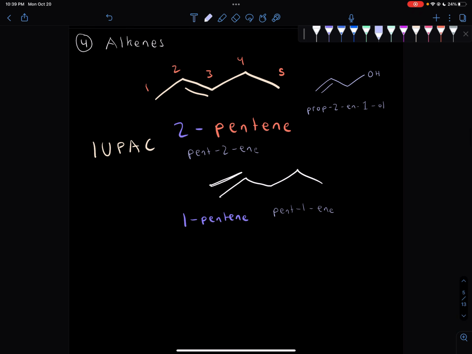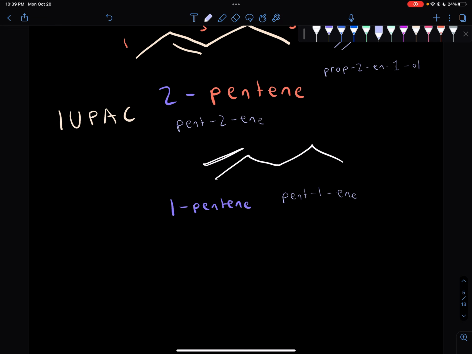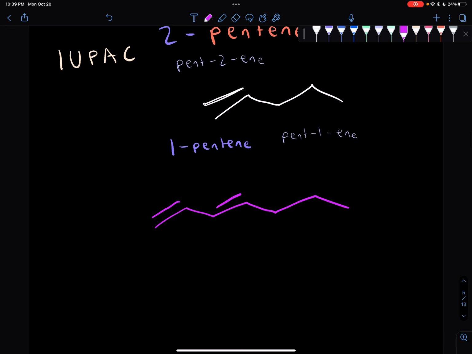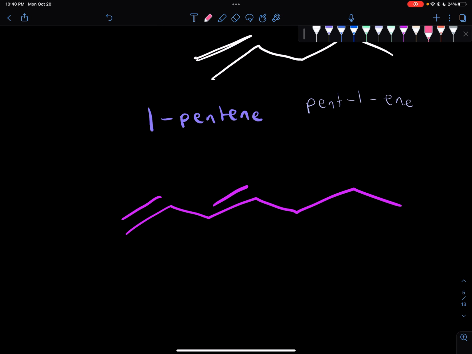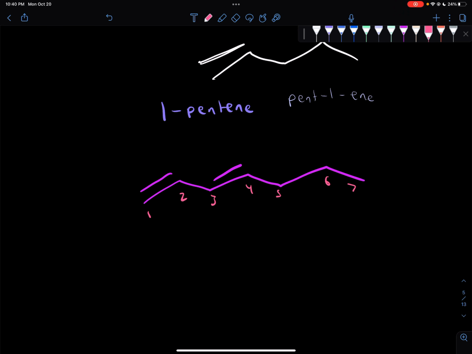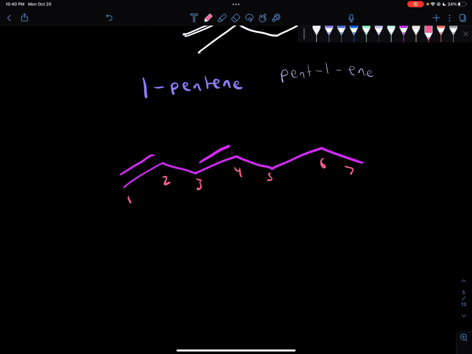Okay. Now, what about this? What if you had... How would you name this? Simple, right? Just number it like usual. So it's going to be a hept something. Okay, 1, 3, hept. This would be called heptadiene. Don't forget the di, because there's 2 of them.